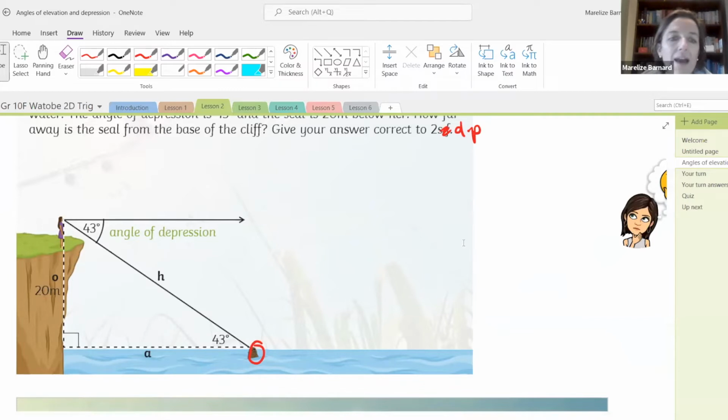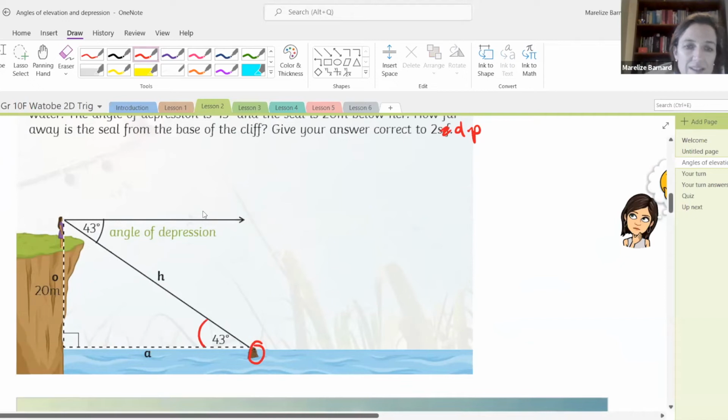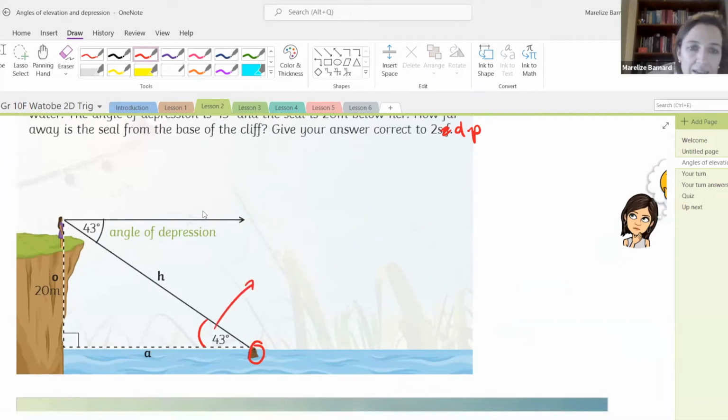So we already have the fact that the angle of depression is 43. Now remember what we said, that the angle of the seal looking up, so the angle of elevation over here, is also going to be 43 because of that Z shape, which is the alternate angles.